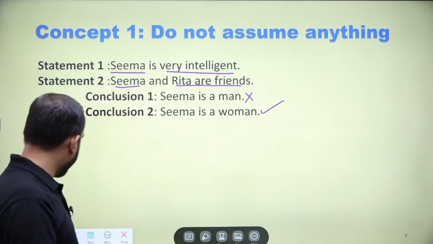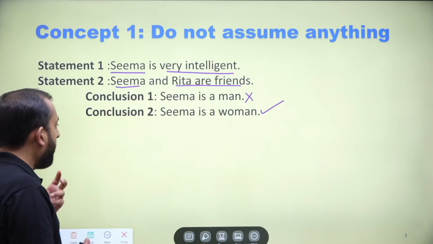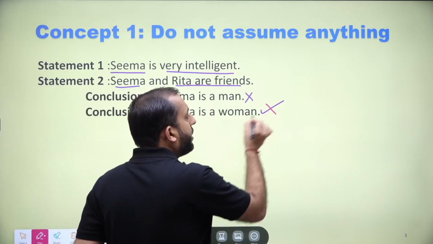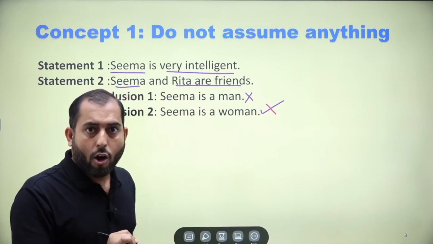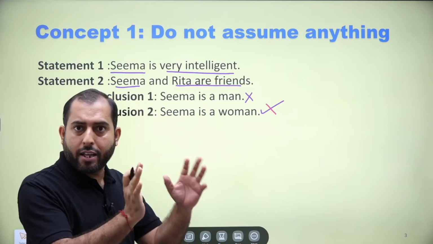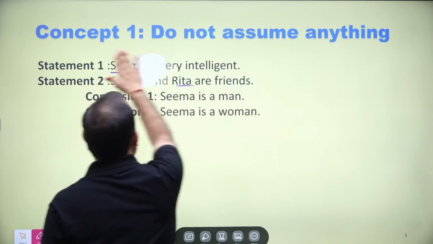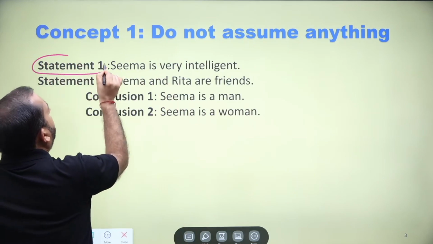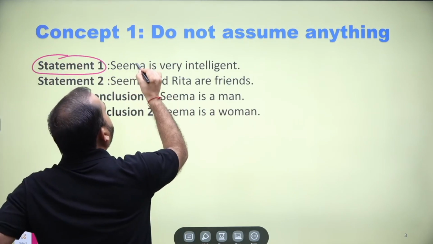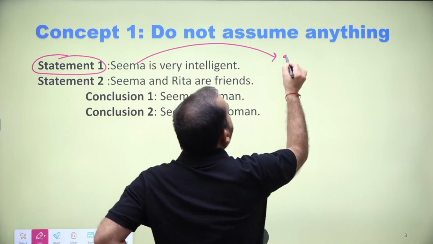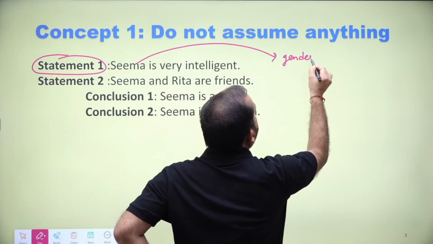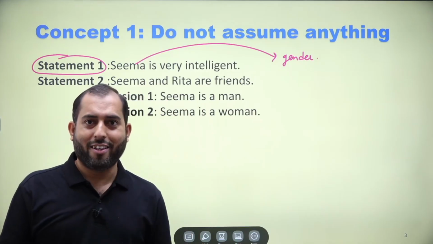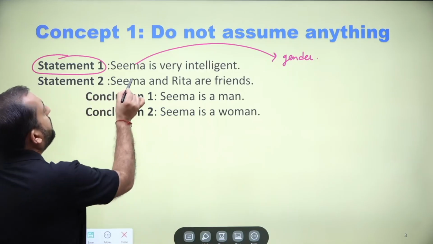But guys, I'll say conclusion 2 is not valid. Why? Let me explain what the right answer should be. See, in statement 1, do we have any information regarding the gender of Seema? No. What about statement 2?